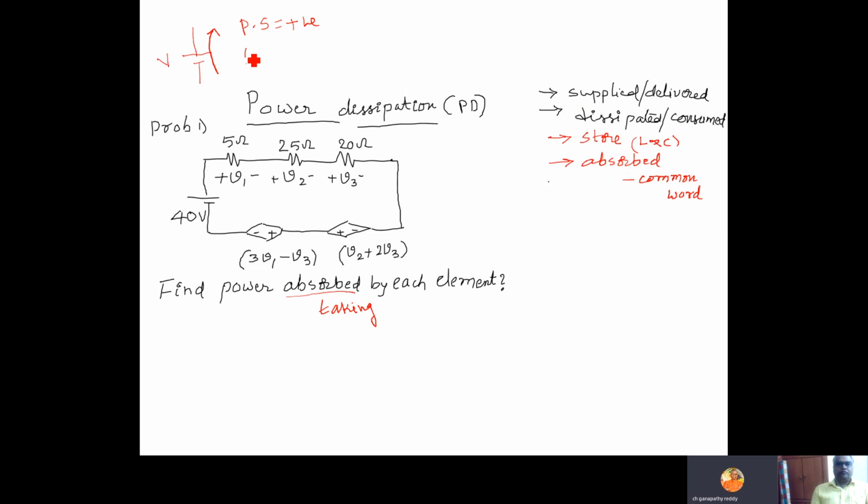When power supplied is positive, automatically power dissipation becomes negative.